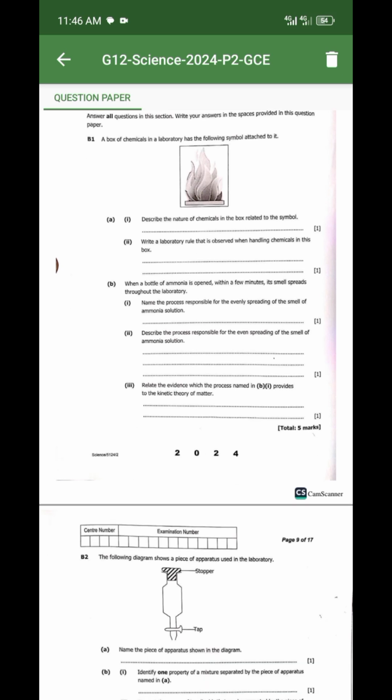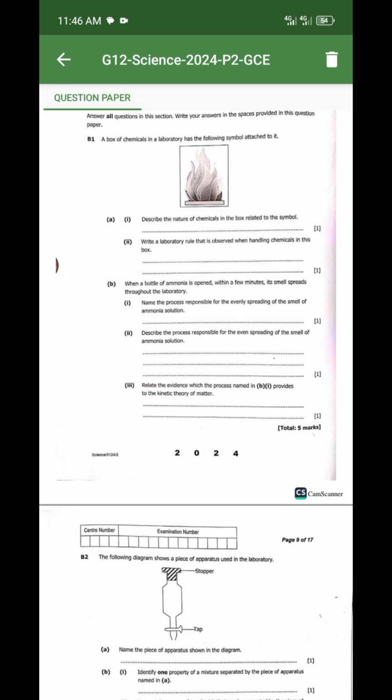A1, describe the nature of chemicals in the box related to the symbol. So in relation to the symbol, what is the nature of the chemicals? The chemicals are highly flammable. Then the second question, write a laboratory rule that is observed when handling chemicals in this box.